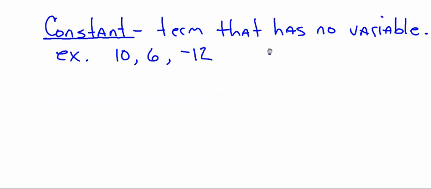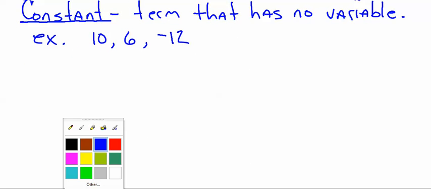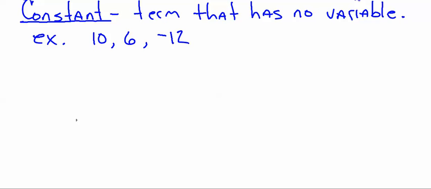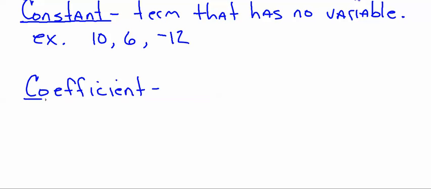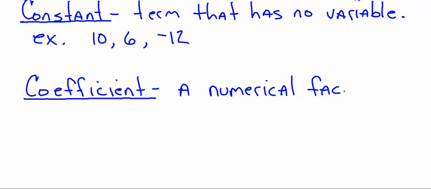All right, so you got a term, you got a constant, and then a coefficient. A coefficient is a numerical factor of a term.